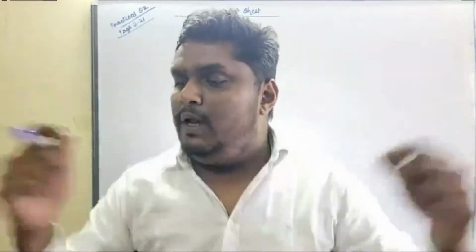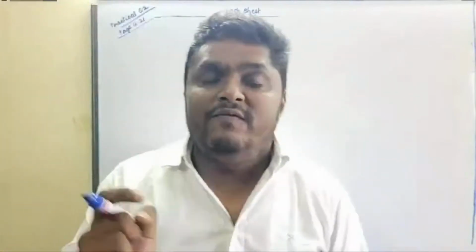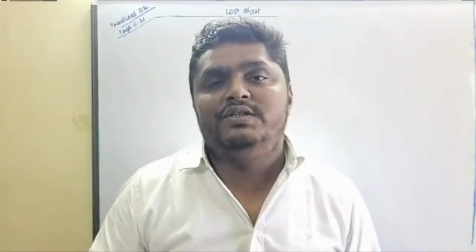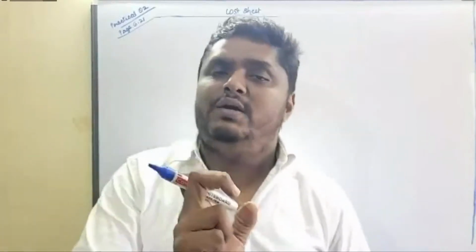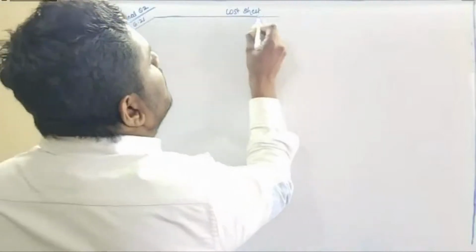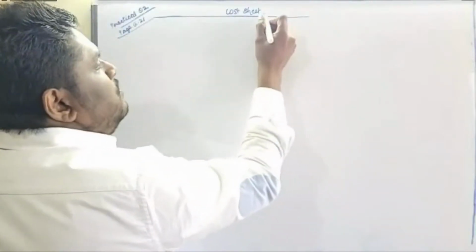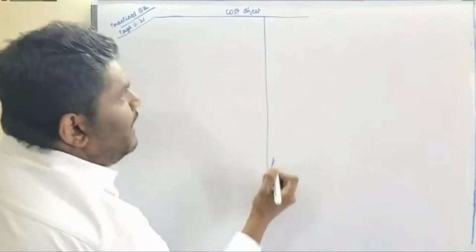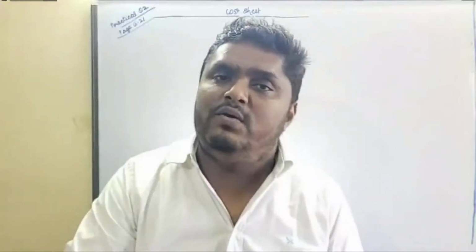So let's start. From the following particulars, you are required to prepare monthly cost statement. Since the value of closing stock of finished goods is not given, we will have to prepare the per unit statement also and the total statement also. Alternatively, you can calculate it in amount also, but I want to discuss a question wherein how to calculate the per unit cost also.